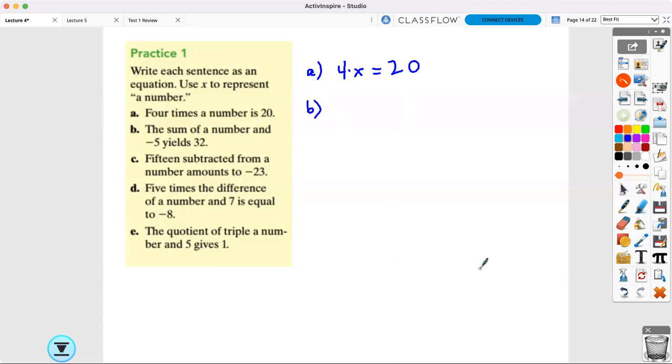Anyone would like to share B? X plus -5 equals 32. That is correct again.